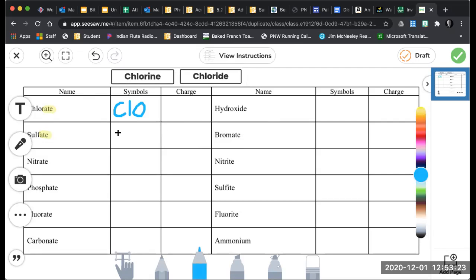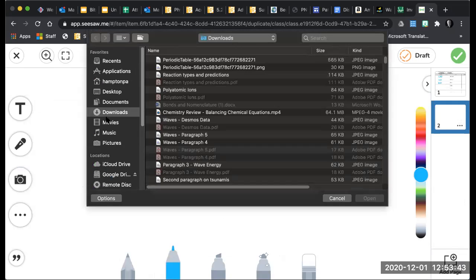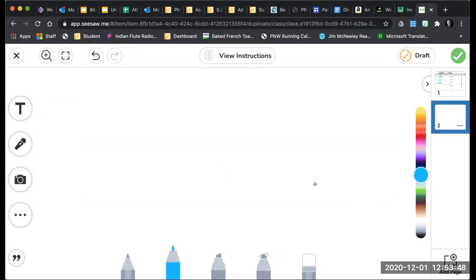So sulfate means we have sulfur, but we put some oxygen with it. Nitrate is nitrogen, and we put some oxygen with it. Now the question is what number comes after here? So I'm going to take a quick journey here and add in a periodic table right there so that I can see this.